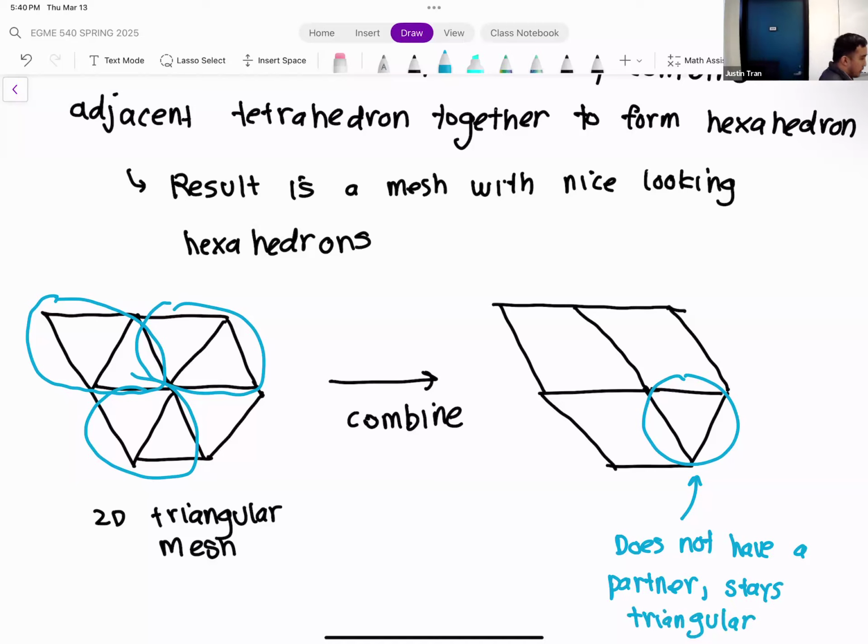Hence the name hex dominant, and so it's very hard to produce a mesh that's entirely hexahedrons. It is possible, but more difficult. Often you'll have cases like this, but for the most part it tries to combine elements smartly, and the resulting mesh often looks pretty good, as if it were naturally made with hexahedrons.